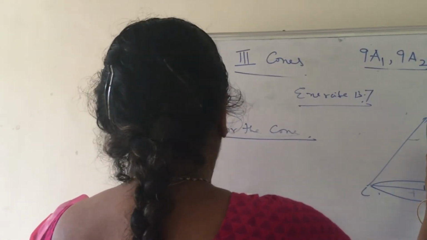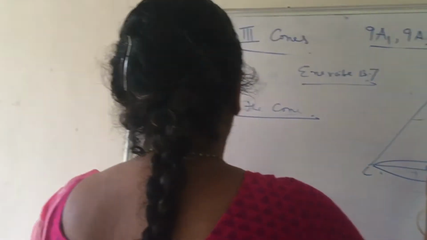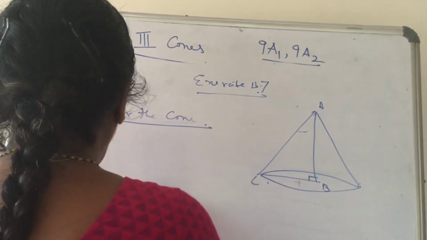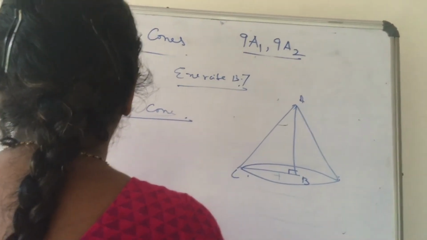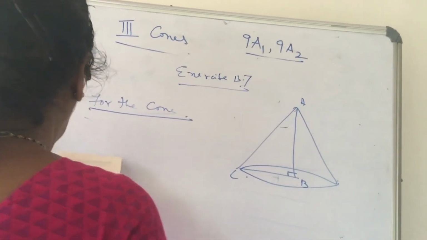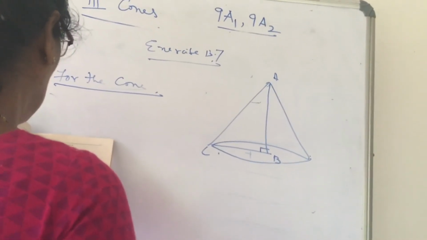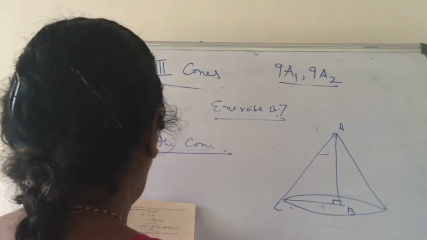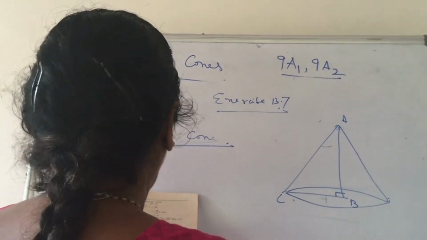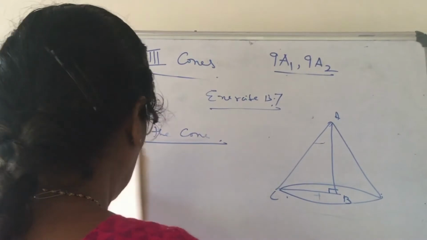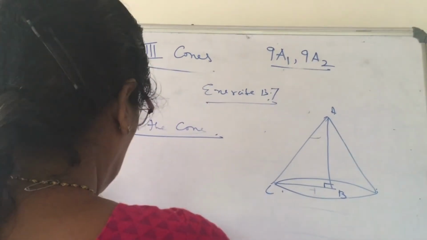A right triangle with sides 5, 12 and 13 is revolved about the side 12 centimeters. Find the volume of the cone.